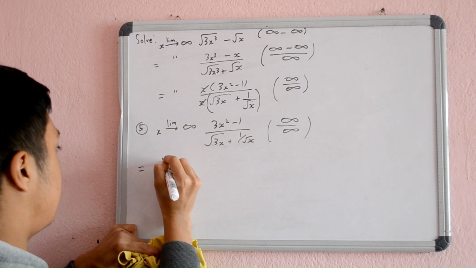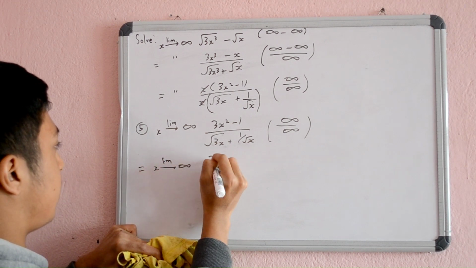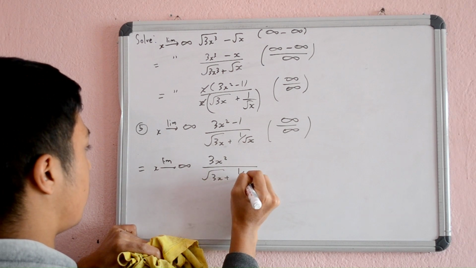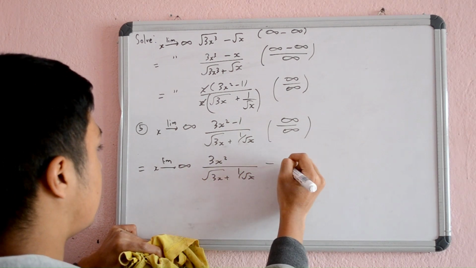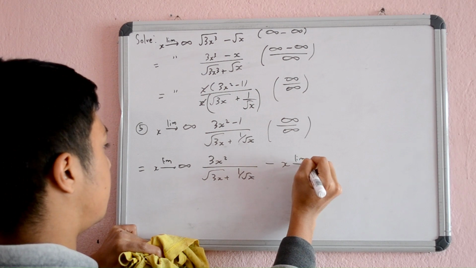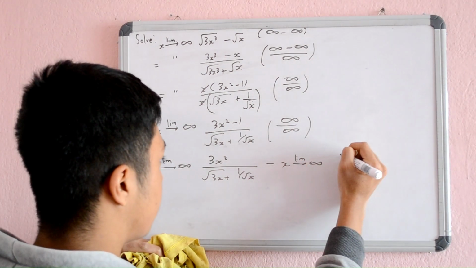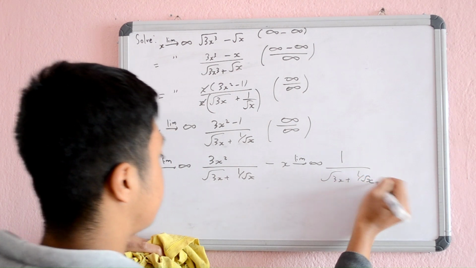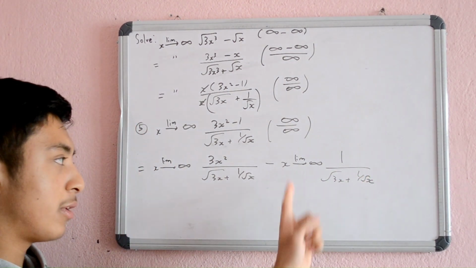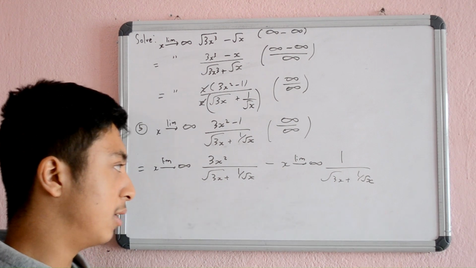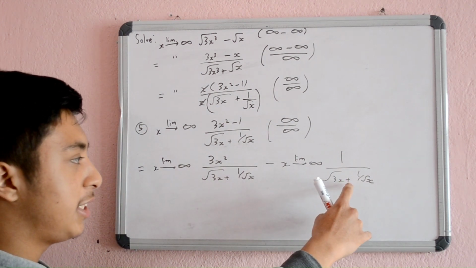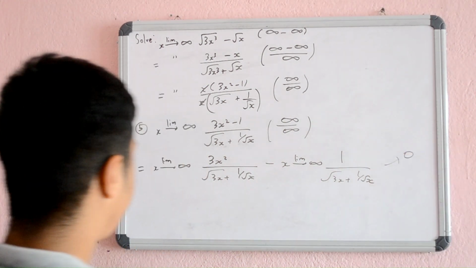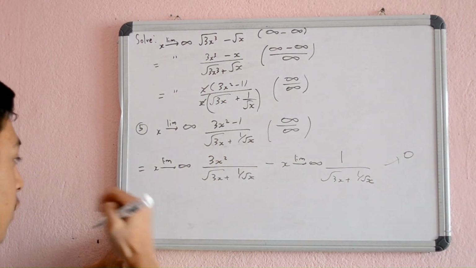So this is the limit as x goes to infinity of 3x squared by root 3x plus 1 by root x, minus the limit of 1 by root 3x plus 1 by root x, as it distributes. Now you can just put the limit in here, because this becomes infinity plus 0, 1 by infinity, so this whole thing is 0. That means we only have to evaluate that.